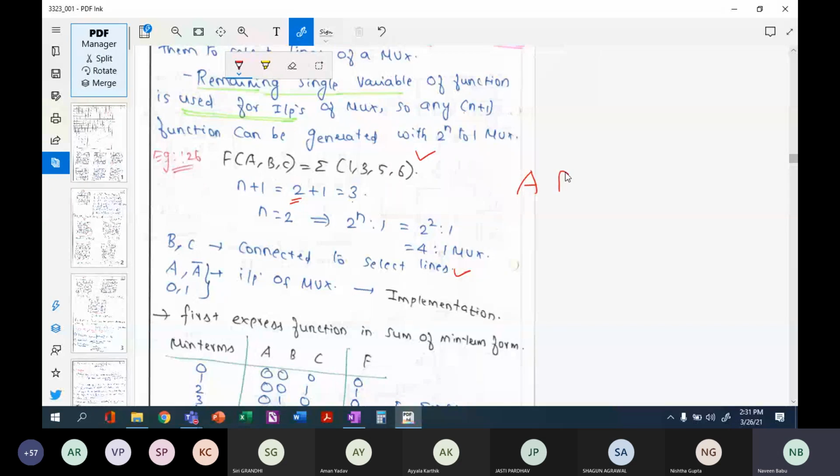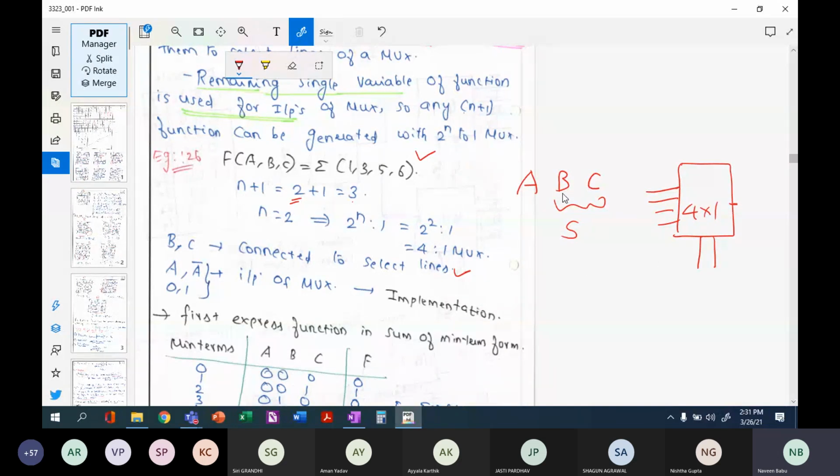So I have A, B and C as 3 variables. These 2 variables I will use as select lines. Please remember the multiplexer diagram: it will have 2 select lines, 4 inputs and one output. So this will be a 4 cross 1 multiplexer.